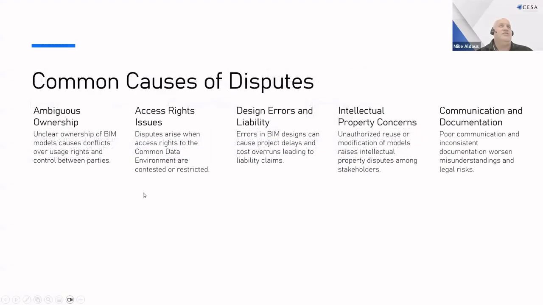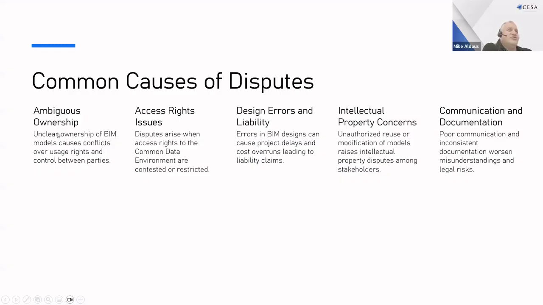So if we look at the common causes of dispute, first is ambiguous ownership. Everybody uploads their stuff into the cloud. Now we've got the architect, the quantity surveyor, the electrical engineer, etc. And then it becomes a bit murky as to ownership of the BIM models and the conflict this causes over usage rights and control between parties, and access to proprietary information.